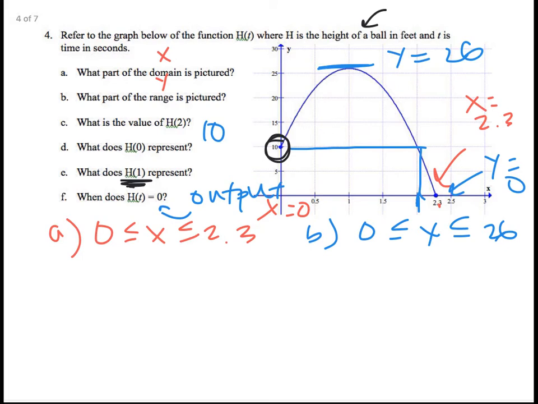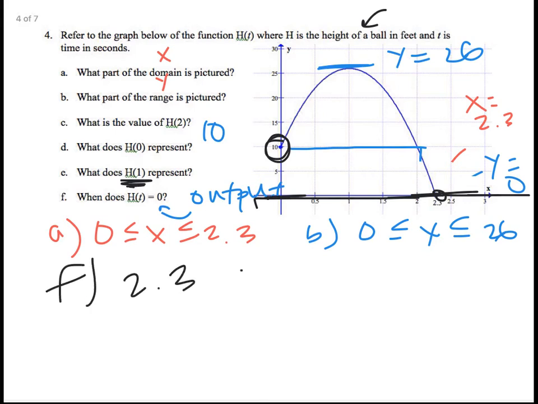I'm going to do some erasing here so we can see some information. Looking where y is 0, well, y is 0 right along here. So I'm looking for where that graph crosses, which is right here. That was at that 2.3. So when does h of t equal 0? Well, for F I'd say at 2.3 seconds.